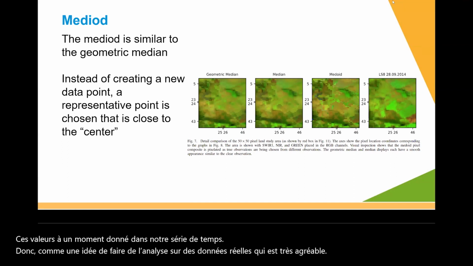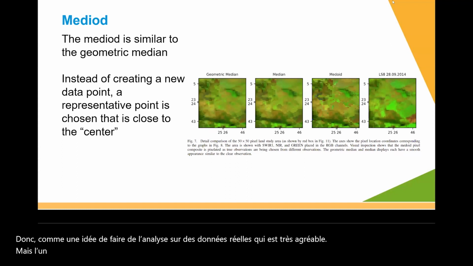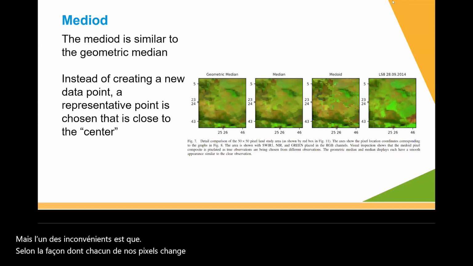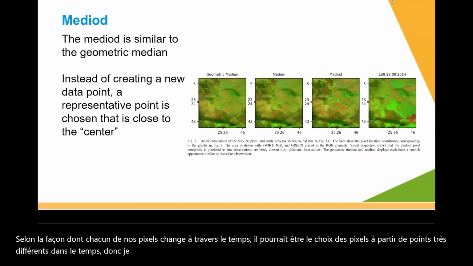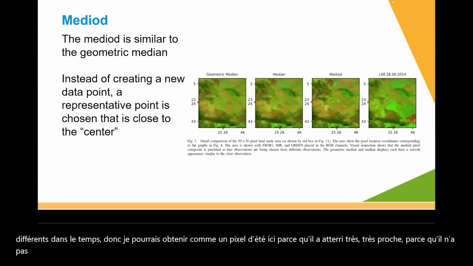But one of the disadvantages is that depending on how each one of our pixels changes through time, it could be choosing pixels from very different points in time. So I could be getting a summer pixel here because it landed very close, because it actually didn't change all that much through the year. Or I could be getting a spring pixel from the other one.